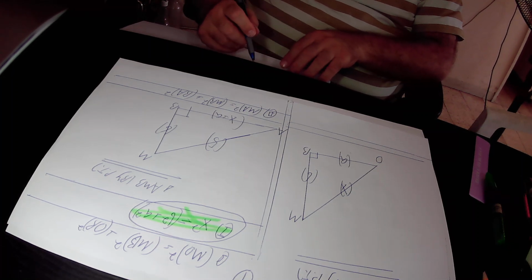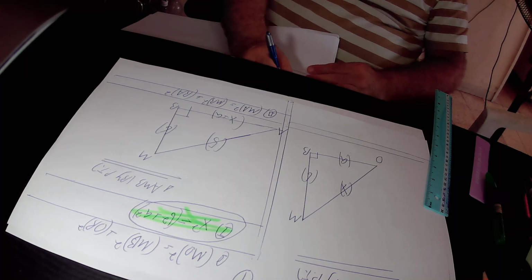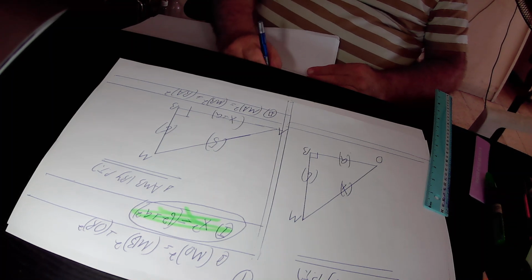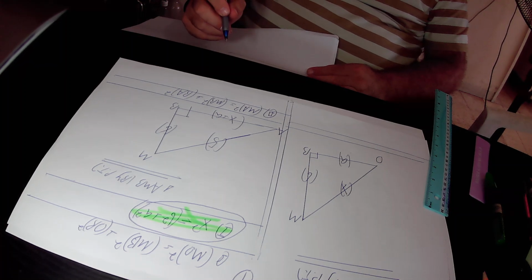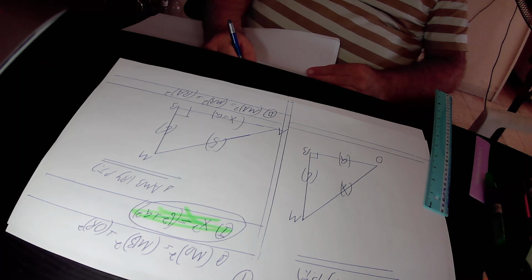MA is 5, therefore MA squared is 5 squared, that is 25. And it is equal to MB squared. MB is b, therefore MB squared is b squared, plus BA squared. BA is x plus a, therefore BA squared is (x plus a) squared.